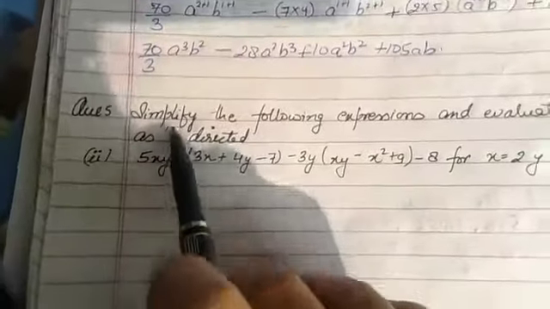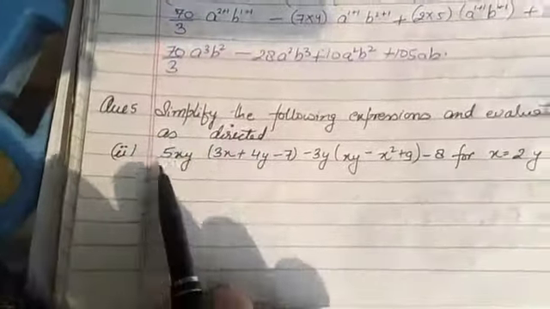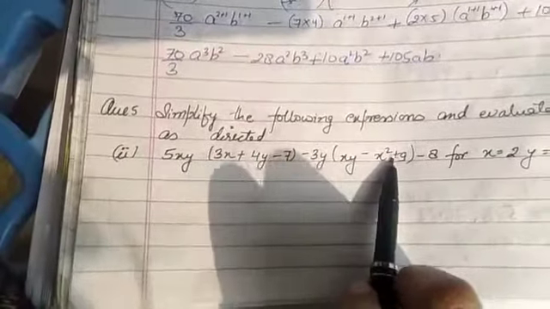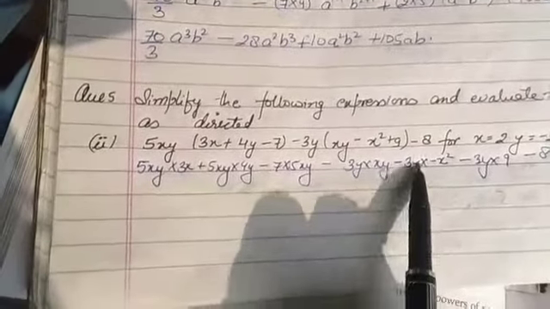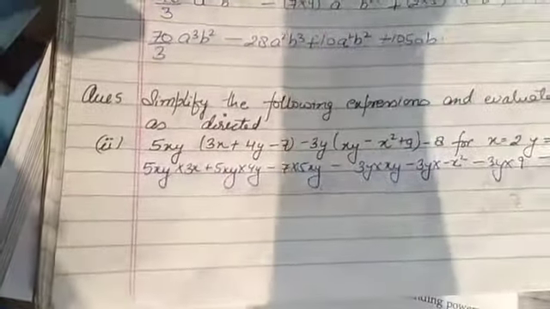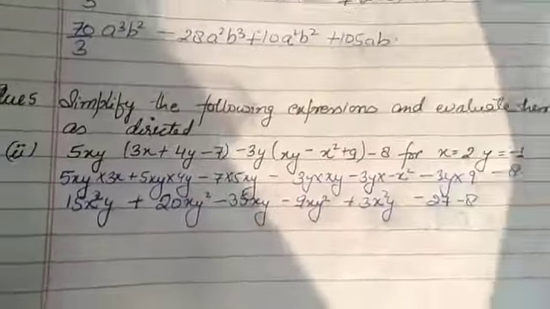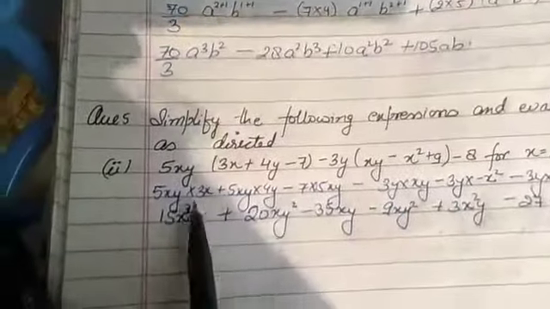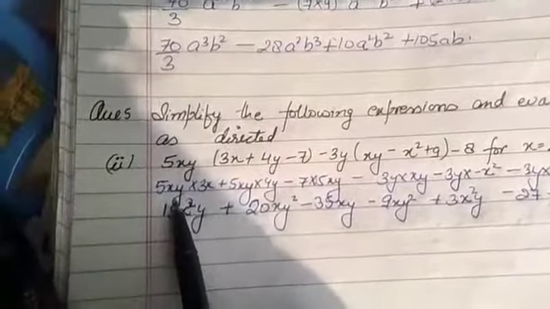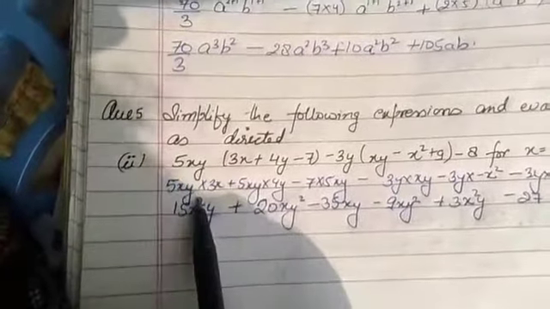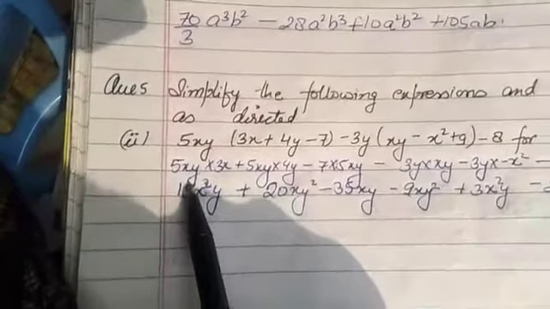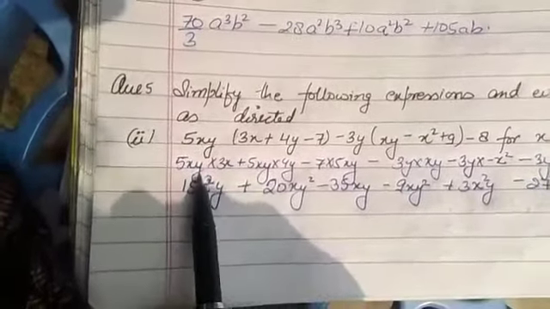Now look at this question, the second part of the same question. Here I will simplify this expression first. I simply multiplied the term which was outside the bracket into the bracket. I multiplied the coefficients, and for the numbers having the same base the powers are added, like we already studied in rational exponents and powers.